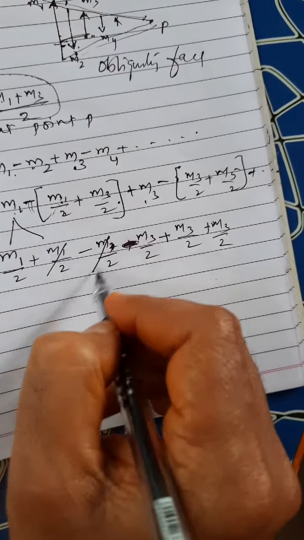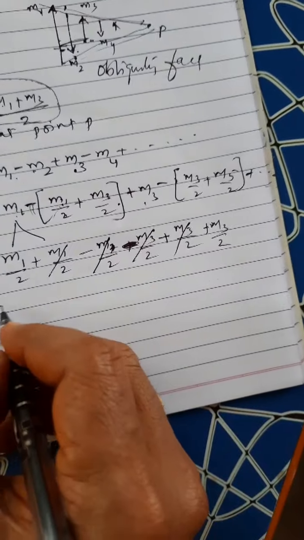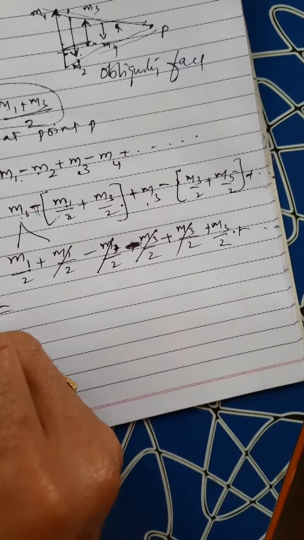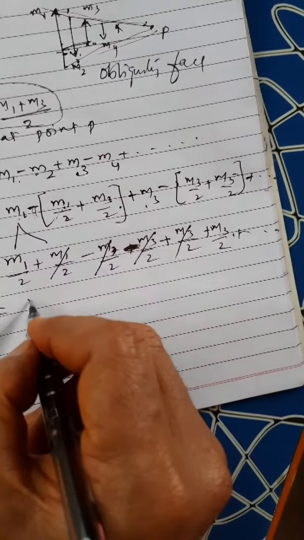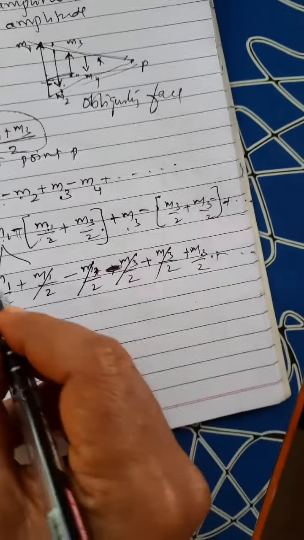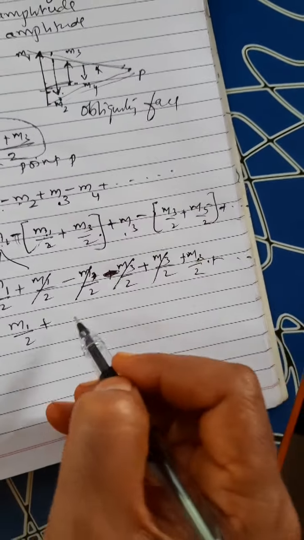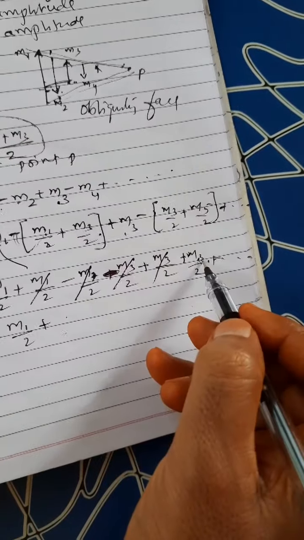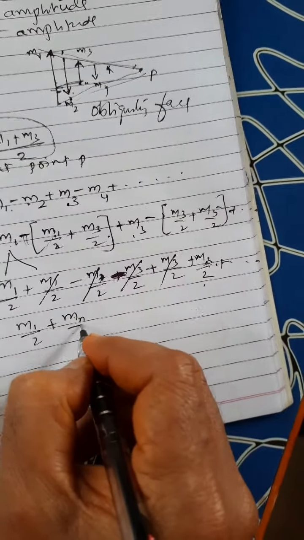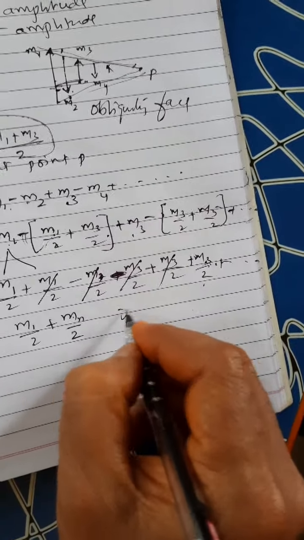And this and this cancel. So if you are stopping at odd, then you will get M1 by 2 plus, if I take up to 3, then it is M3 by 2. If I take 5, M5 by 2. What is left out is Mn by 2. I will write this if n is odd.